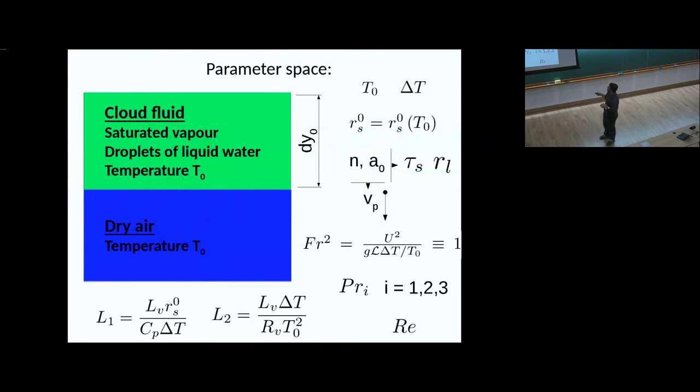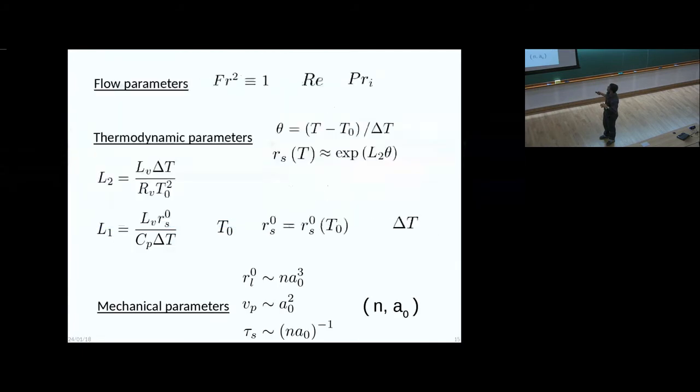And it has a whole list of parameters, which we will find useful to separate into 2 or 3 groups. This list of thermodynamic parameters are all functions of the temperature. So if you fix the temperature, they're all fixed, which we will do. We will fix the temperature at some reasonable value, and we'll assume that these are all given to us.